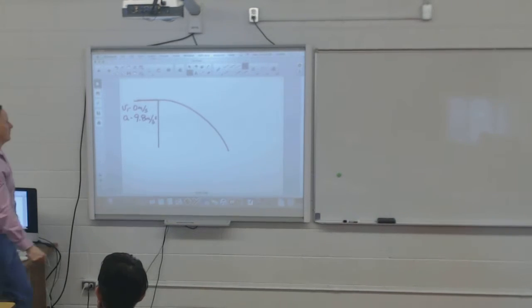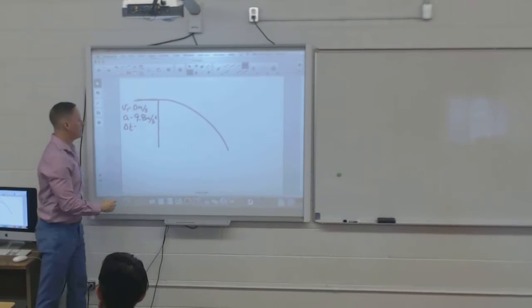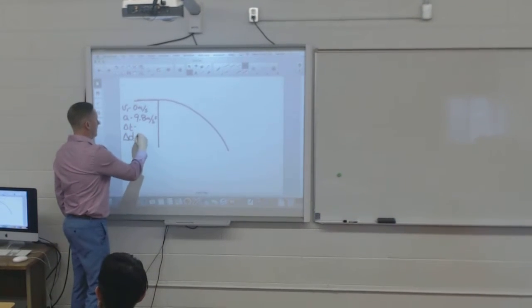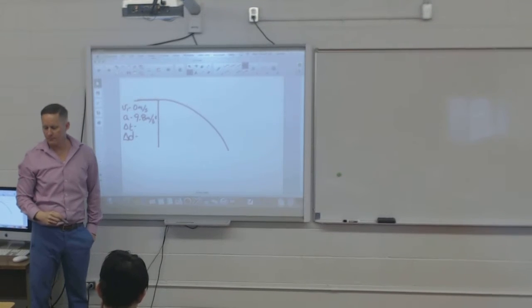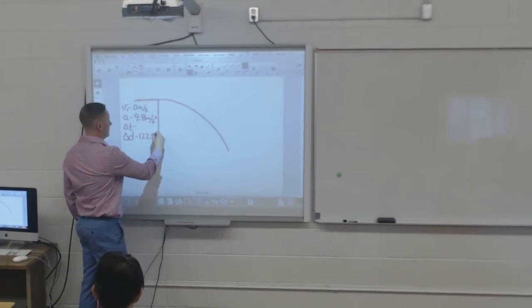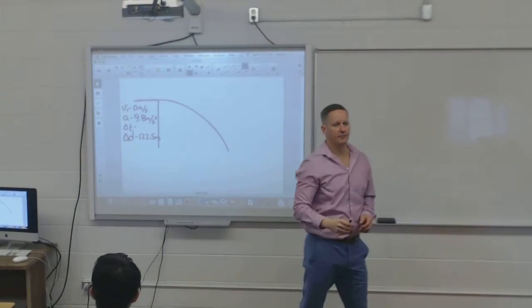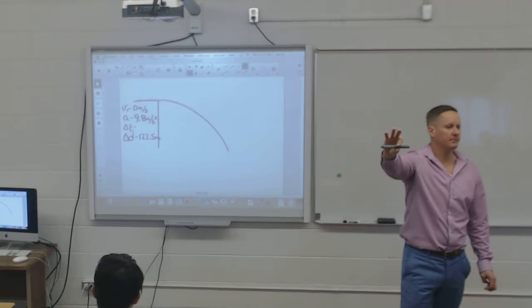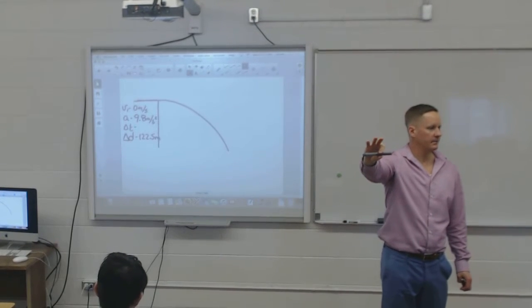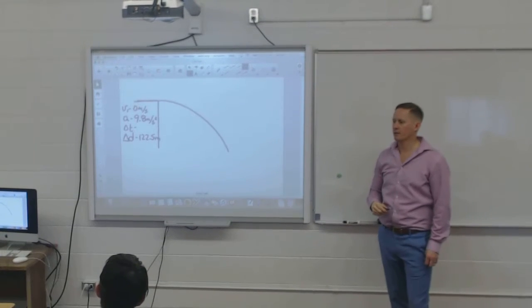Okay, so now I need to calculate the time. How high is the cliff? 122.5 meters. Okay, so if I can find out the amount of time it takes for it to fall as if I drop it, that's the same as if I throw it horizontally out.